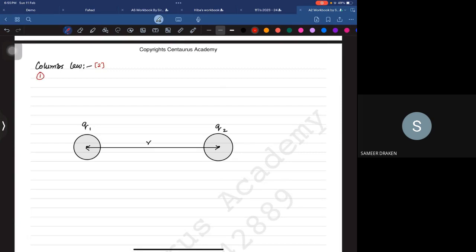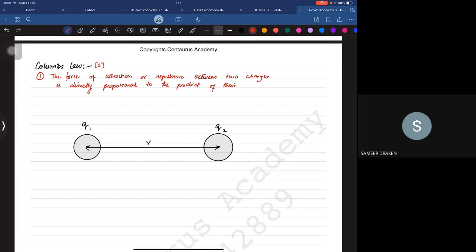The first mark you're going to get when you write the force of attraction or repulsion between two charges is directly proportional to the product of their charges.